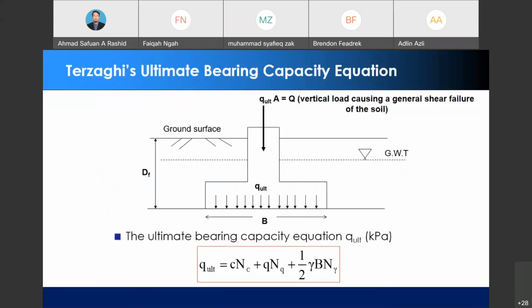So okay, if there is a groundwater level, so there will be a significant difference in terms of the calculation. Okay. So awak kena masukkan this groundwater level between the soil and the footing. So Q ni akan mengalami perubahan. Okay.